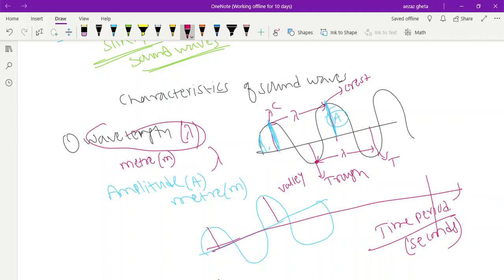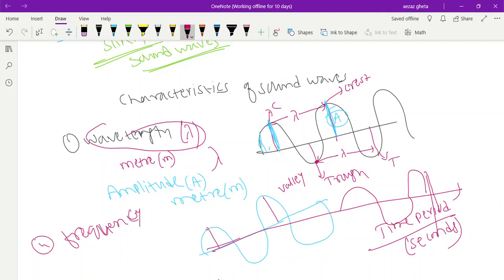So this is the third, and the fourth is frequency. What is frequency? The number of compressions or rarefactions crossing a point per unit time. How many compressions and how many rarefactions cross a point in one unit time?